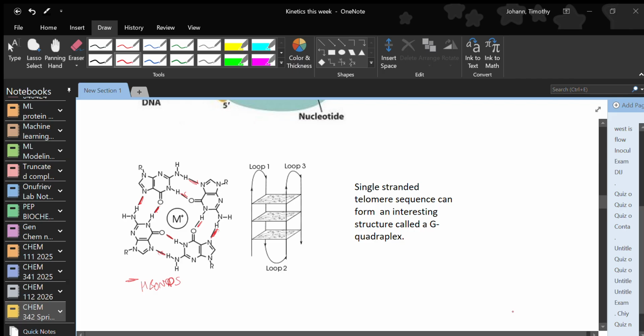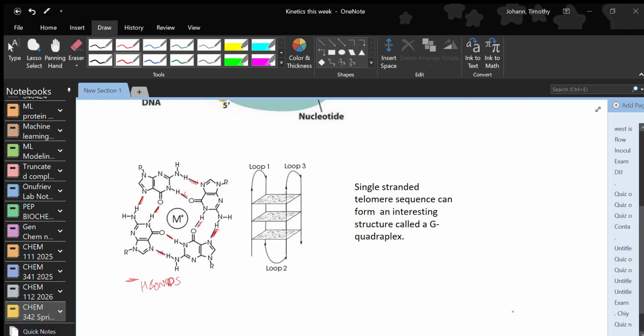And if I take that single sequence with the GGG in it, it's got GGG and then what was it? TTA. So you can imagine TTA, GGG, TTA, GGG, TTA, GGG. And you end up with a metal ion in the middle.